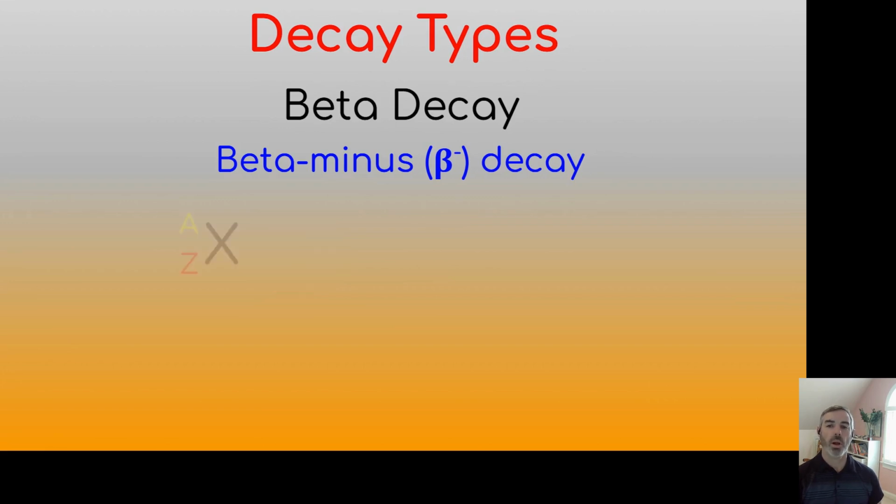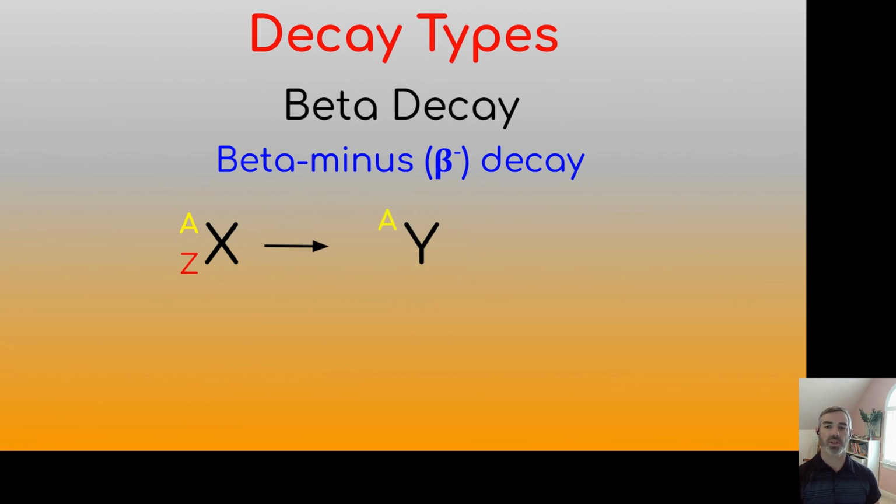So we're going to start with our parent nucleus to write our generic equation, and the parent nucleus breaks down into our daughter nucleus. Now, what happens during a beta decay, in a beta minus decay specifically, is that a neutron changes into a proton.